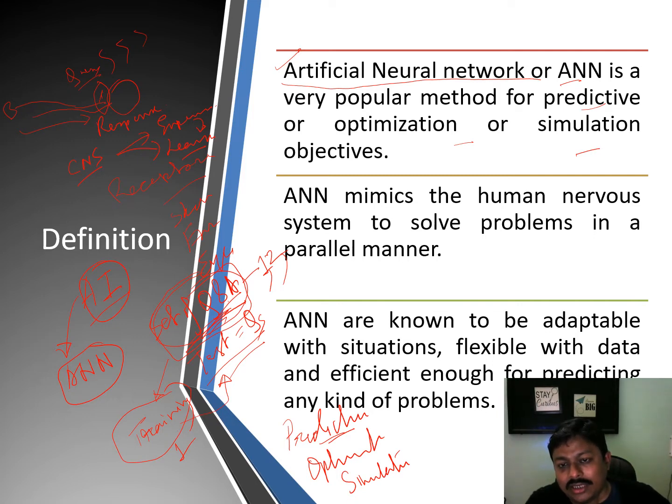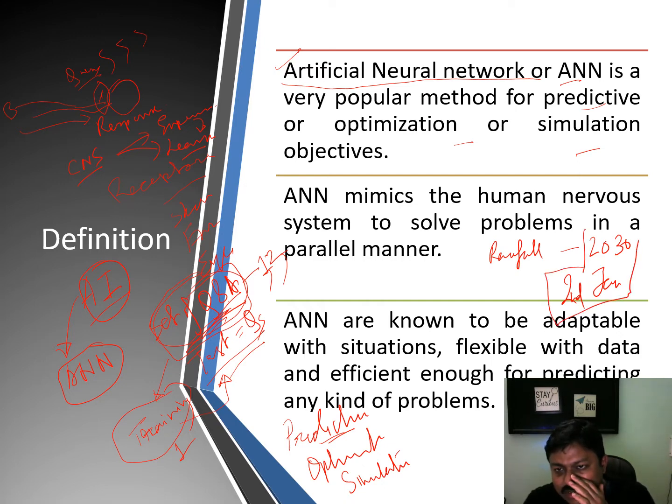Suppose I ask what the rainfall will be in the year 2000, suppose 30 January. Let us be more precise, 2nd January. We do not know, because this date has yet to come. So how can we predict it?